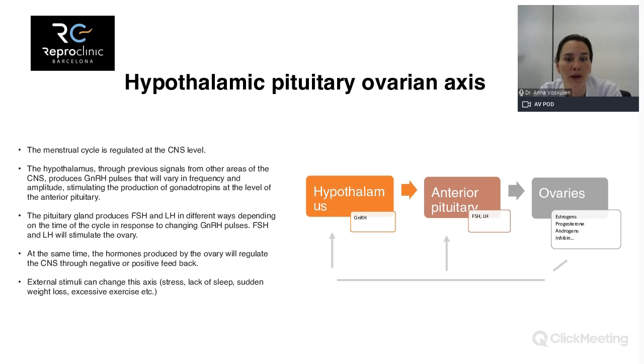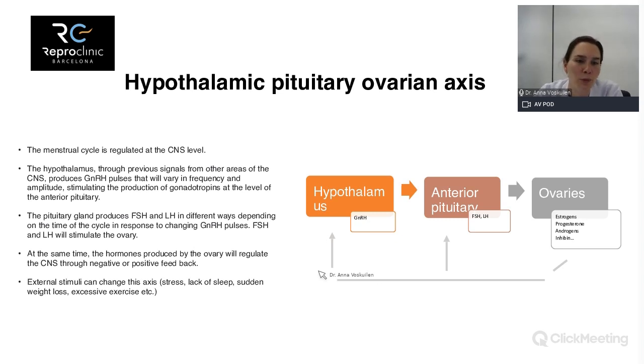FSH stands for follicle stimulating hormone, and LH for luteinizing hormone. And these hormones are going to stimulate the ovaries, and the ovaries are going to produce several hormones that will also have an impact on the other previous phases of the cycle, sorry.